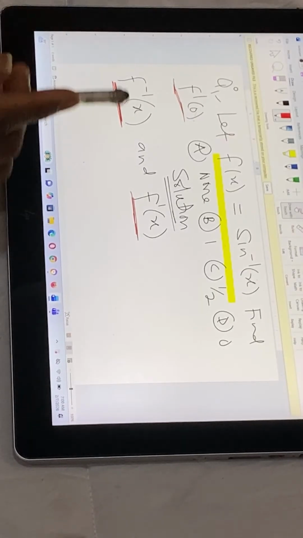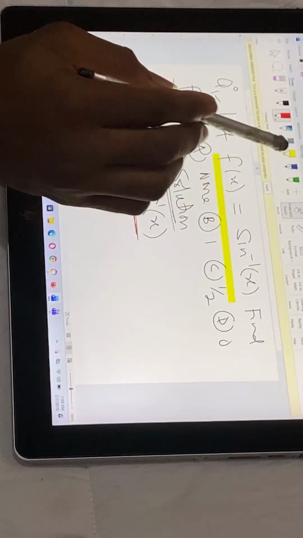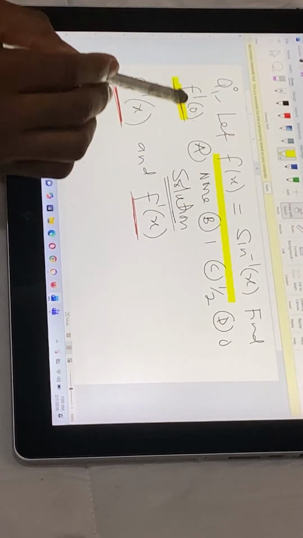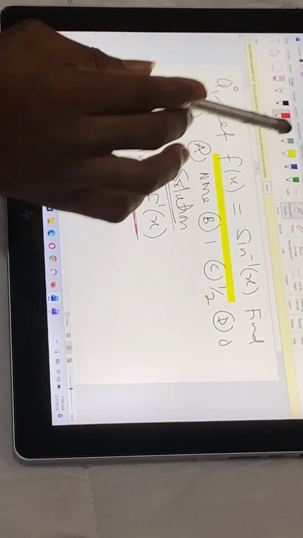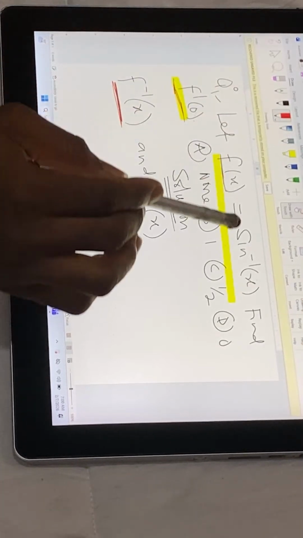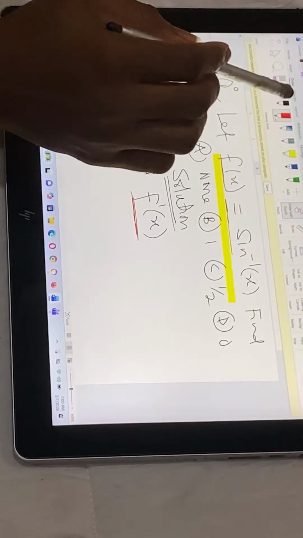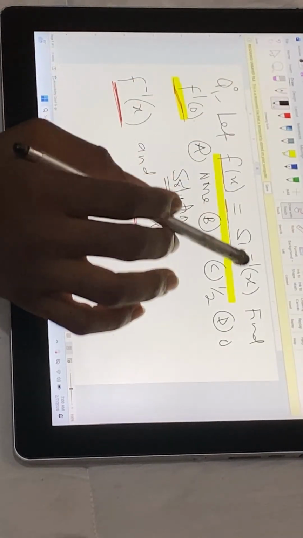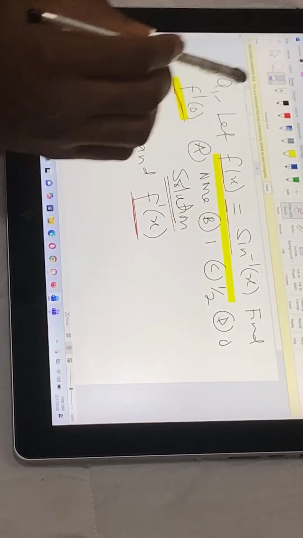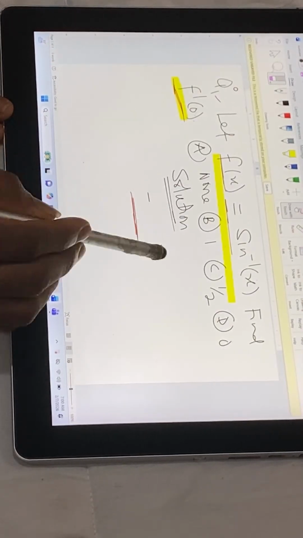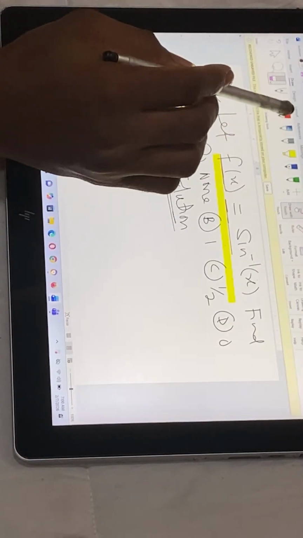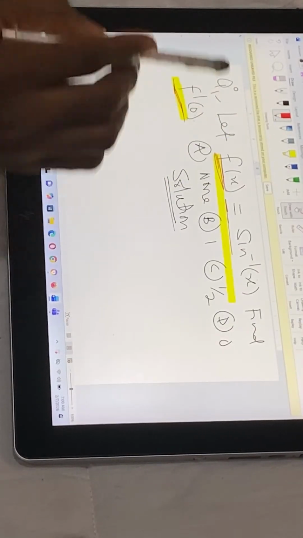Okay. Now this is the one we are given, that is f prime of 0. So we are asked to differentiate this function here. Now how do we differentiate an inverse function like sine inverse of s? The first thing is to write this function as a letter.